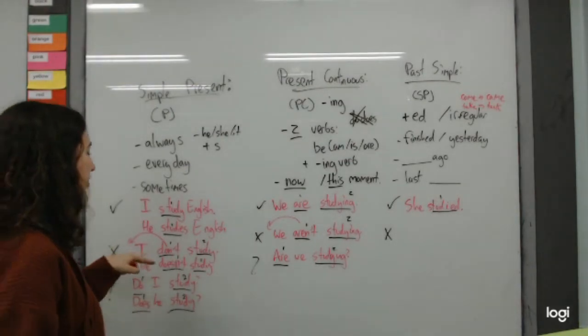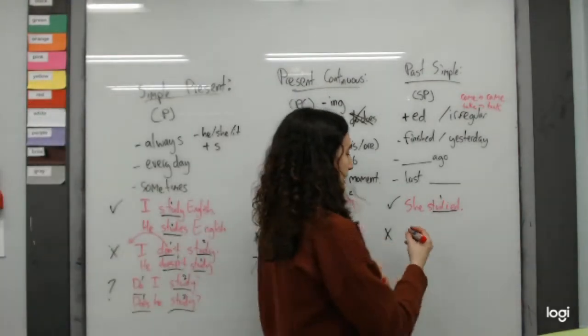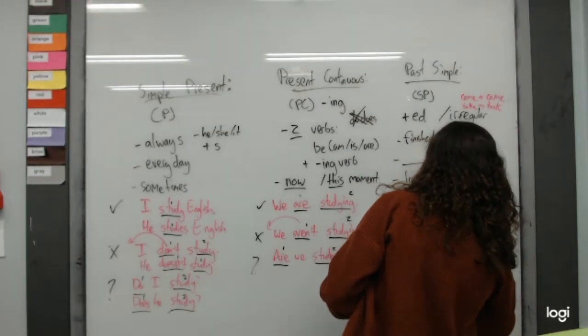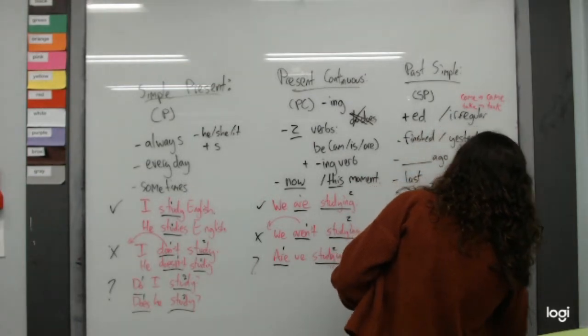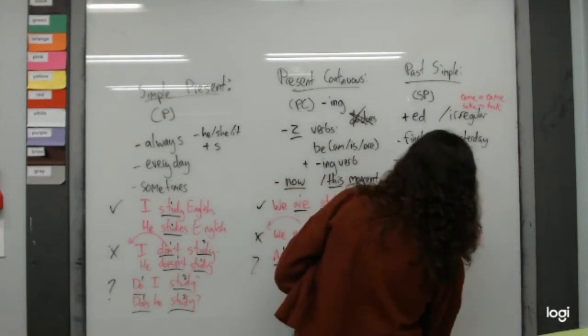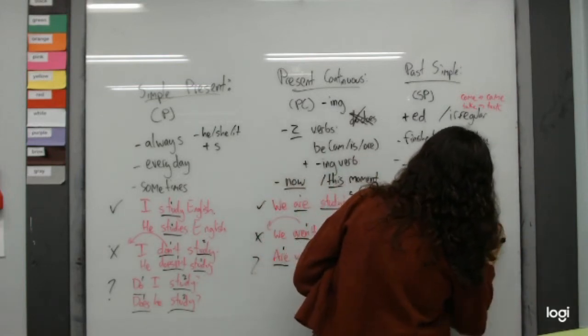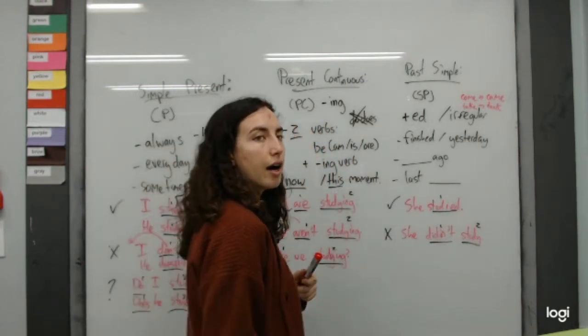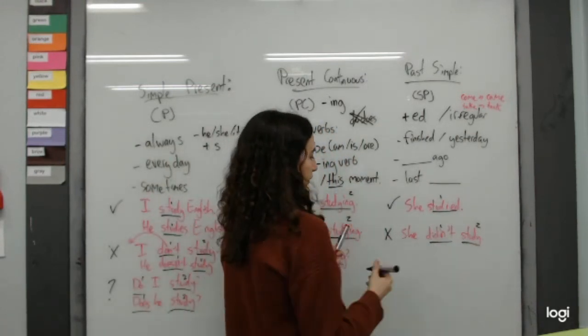So I don't study becomes I didn't study, or she didn't study. And we only turn one, the first one, to past tense. The second one stays present tense. Only the first verb changed.